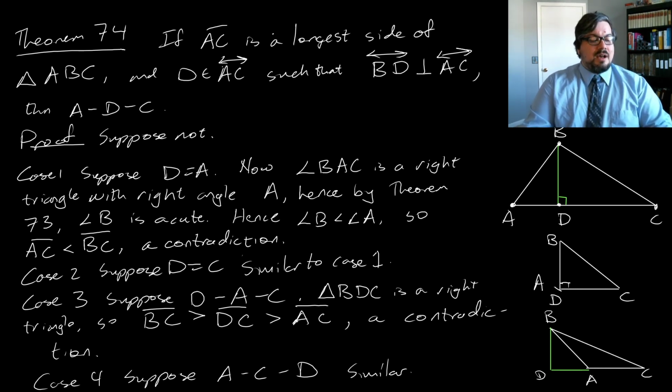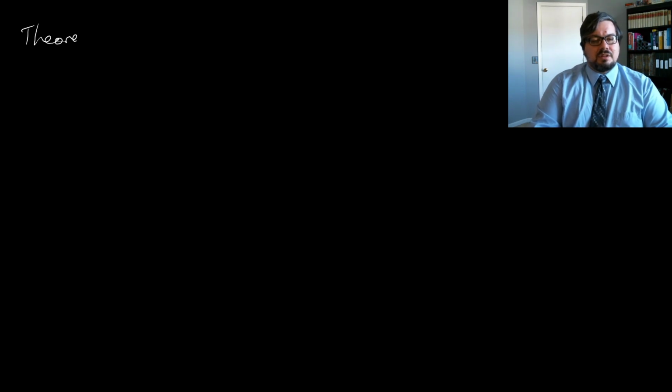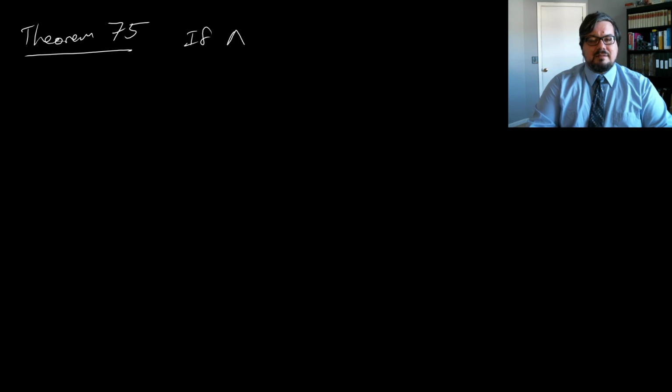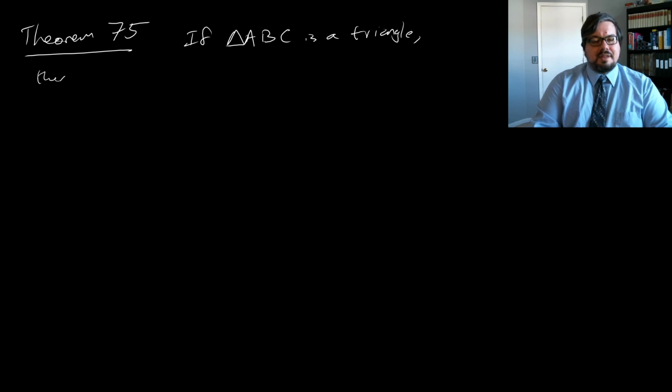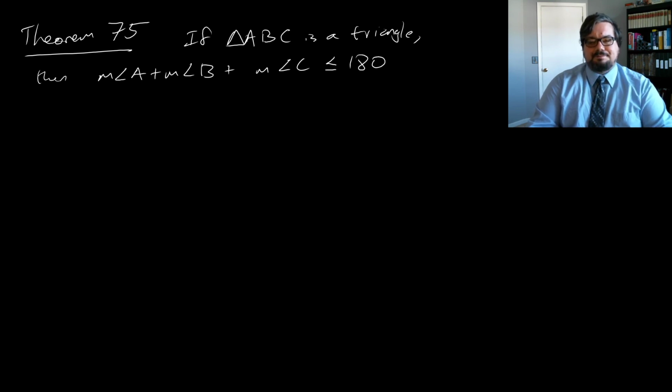All right, so now with that, we're finally able to get to our last theorem of the day, which has to do with the interior angles of a triangle. So theorem 75 says that if triangle ABC is a triangle, then the measure of angle A plus the measure of angle B plus the measure of angle C is less than or equal to 180.